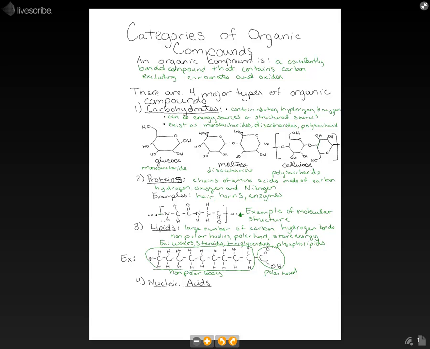Lastly, we're going to talk about nucleic acids. Nucleic acids are large, complex information storage molecules. There are two main types, and that is RNA and DNA.